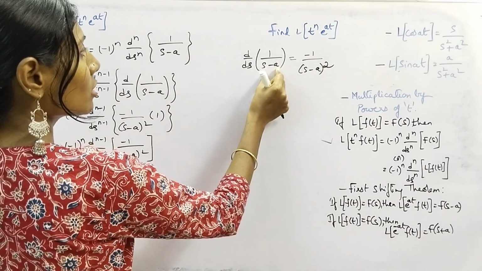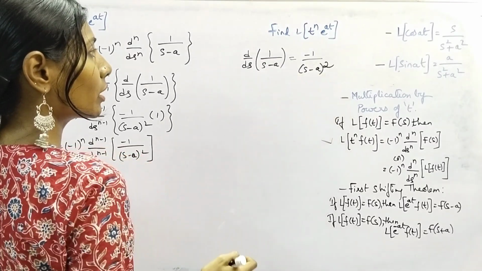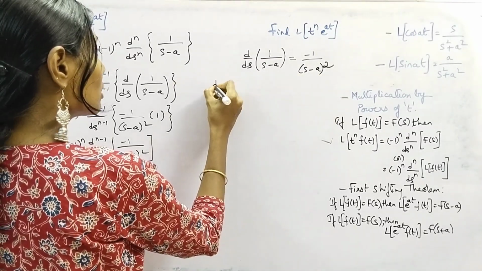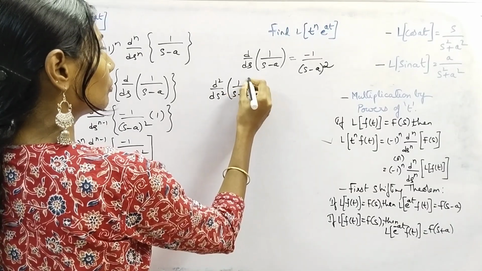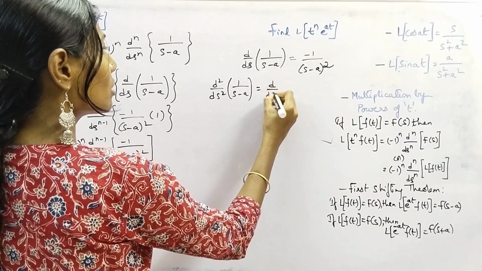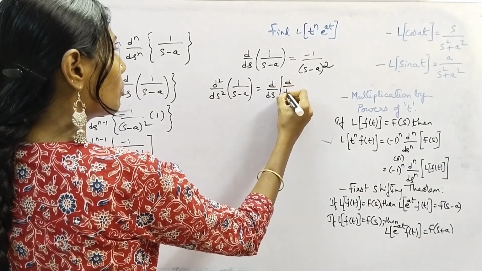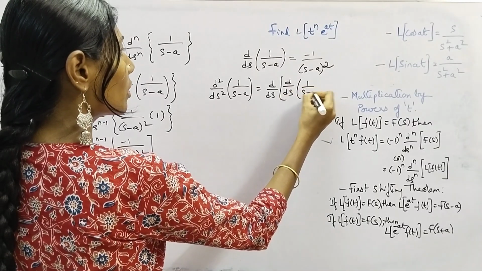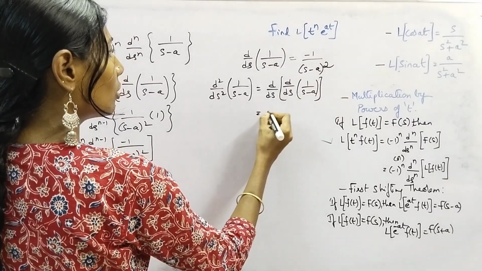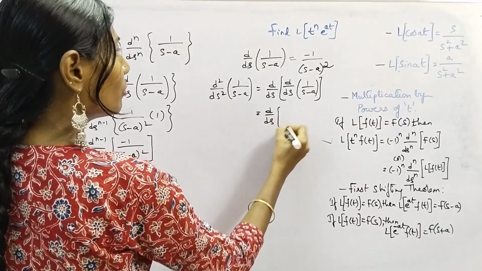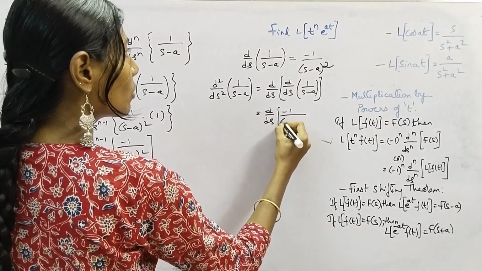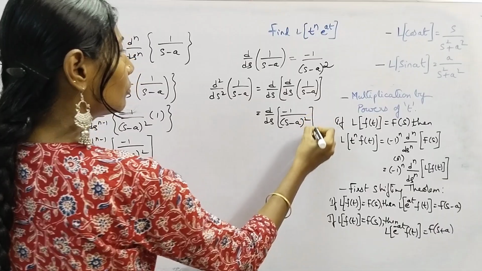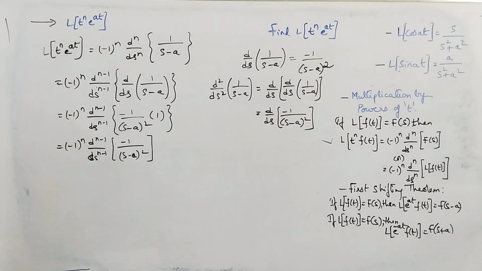The first derivative of 1 by s minus a is minus 1 by s minus a whole square. Let's now find the second derivative of 1 by s minus a, which is d by ds of the first derivative of 1 by s minus a, which is minus 1 by s minus a whole square.